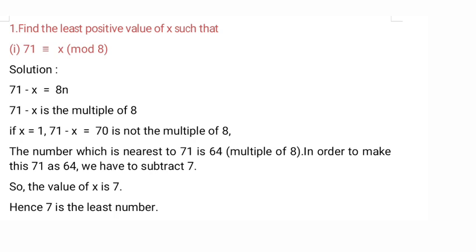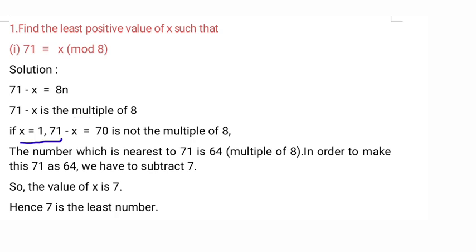Next, exercise 2.3, first sum. Find the least positive value of x such that, first question, 71 is congruent to x mod 8. Solution: 71 minus x equals 8n, that is, a minus b equals nk. So 71 minus x is a multiple of 8. Substitute x as 1, 2, 3.